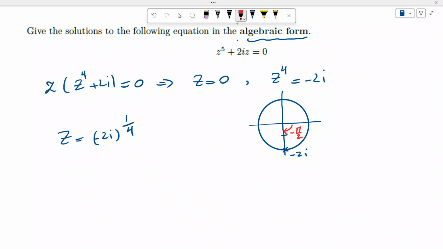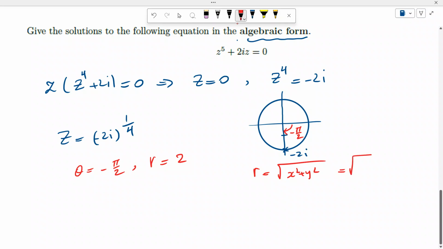So theta is minus pi over 2 for this minus 2i. And r is 2. We know that r is root of x squared plus y squared. In this case, x is 0, 0 squared plus 2 squared, and it's exactly 2.